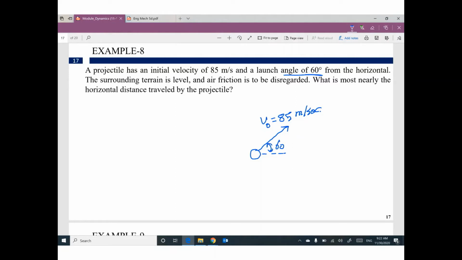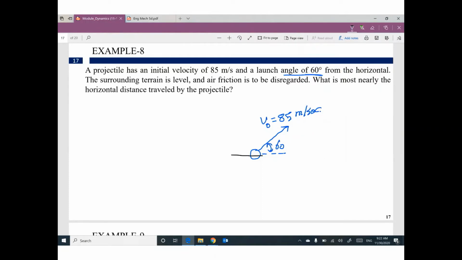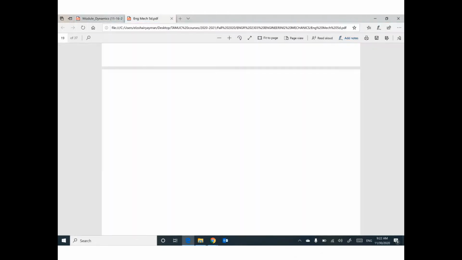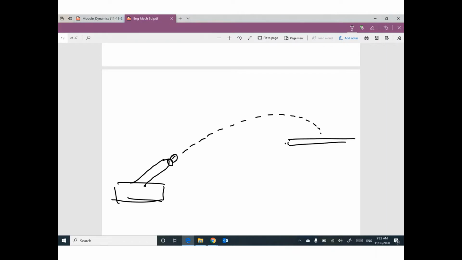The surrounding terrain is level. The ground surface is level. That makes sense. Ground surface is level means we have a horizontal ground surface, because guys, make sure sometimes you have a cannon, you are in the army, probably this projectile can reach this level or this mountain.